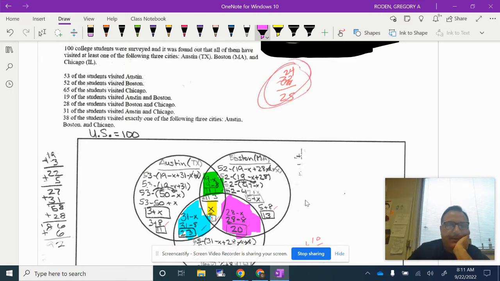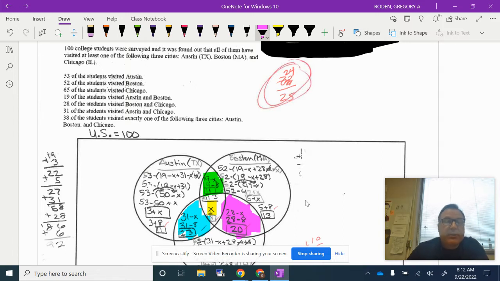The green section is, I believe, Austin. Oh, hold on. Let's do the blue section. So the blue section is Austin and Chicago. So you take 31 minus X because 31 went to Austin and Chicago.